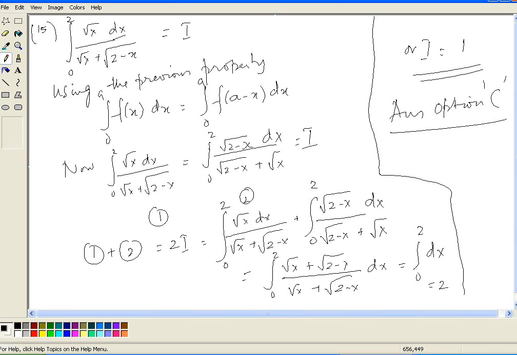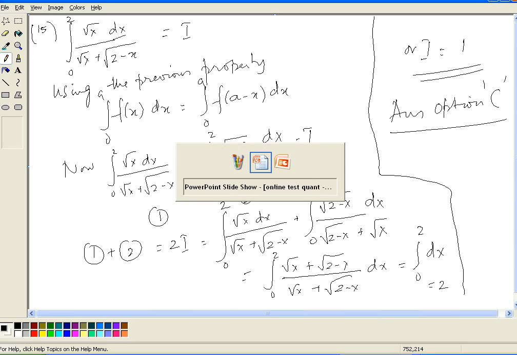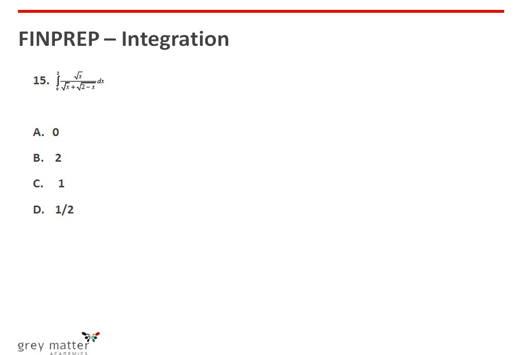That will add up, and on simplification we get integral 0 to 2 of (root x plus root of 2 minus x) by (root x plus root of 2 minus x) dx, which is equal to integral 0 to 2 dx, which is equal to 2, or I is equal to 1. So the answer is option C. Going back to the PowerPoint presentation, it is option C, that is equal to 1.